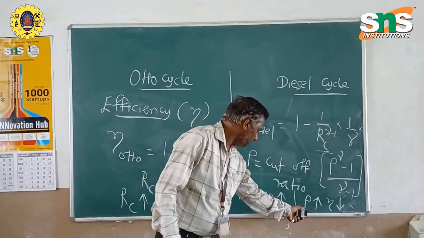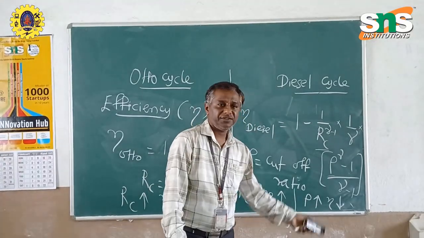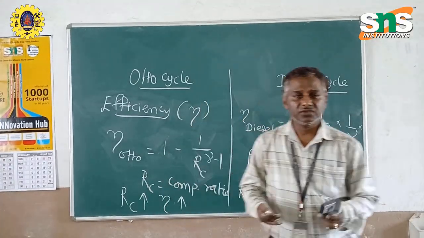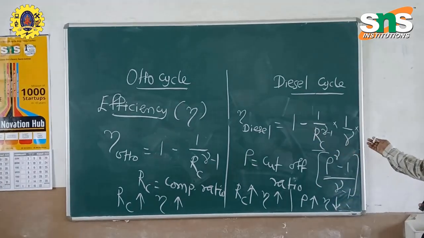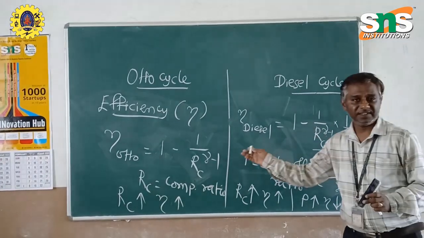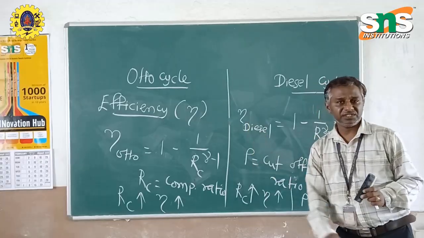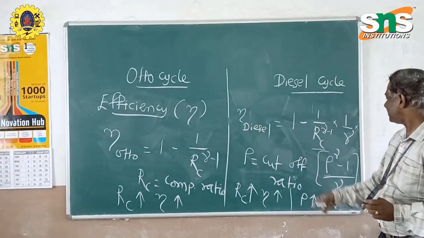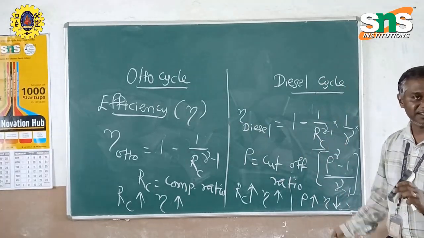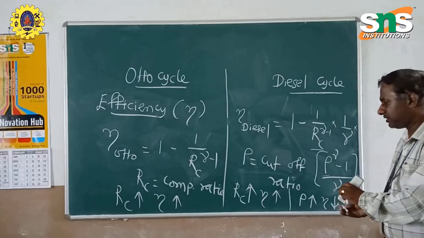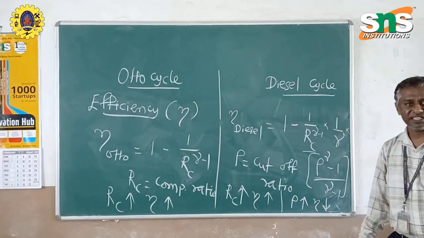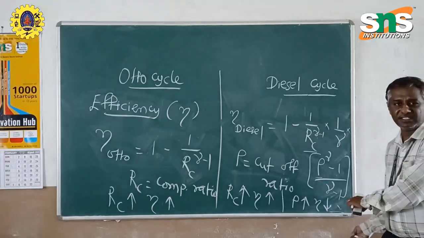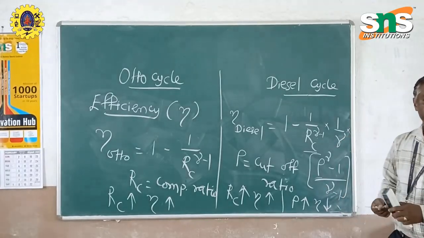Vice versa, if the cutoff ratio is lesser, efficiency will be higher. So these are the significant points between the Otto cycle and the diesel cycle. The efficiency depends only on compression ratio in the Otto cycle, and in the diesel cycle on both the compression ratio as well as the cutoff ratio, and I have given which one is higher and its impact on efficiency.